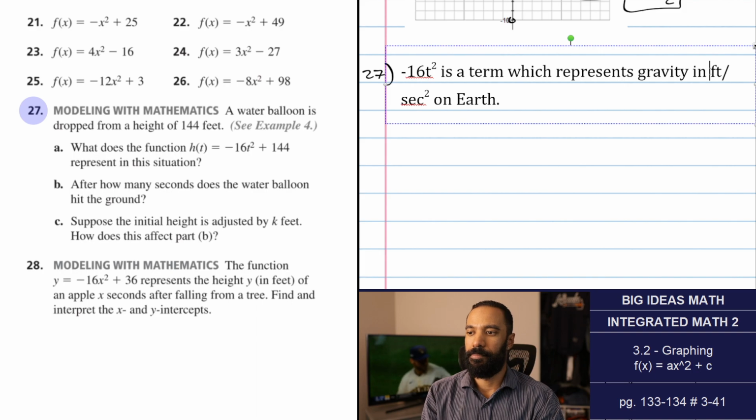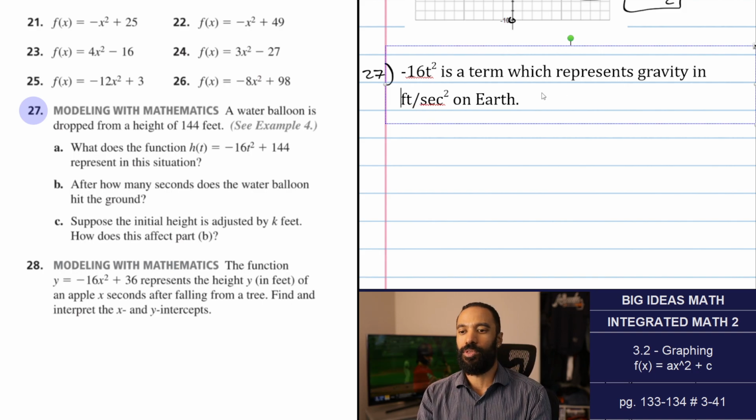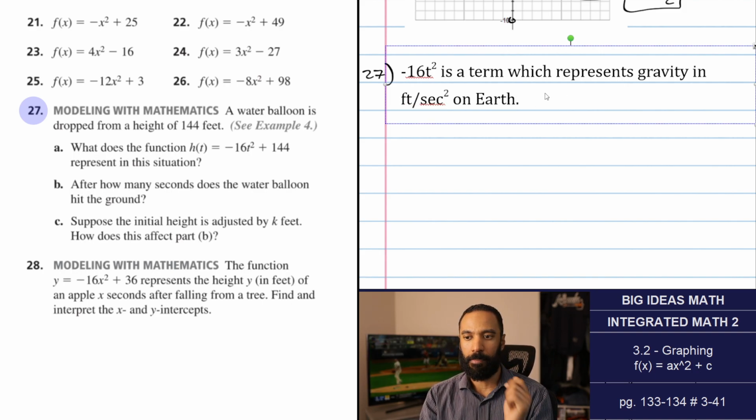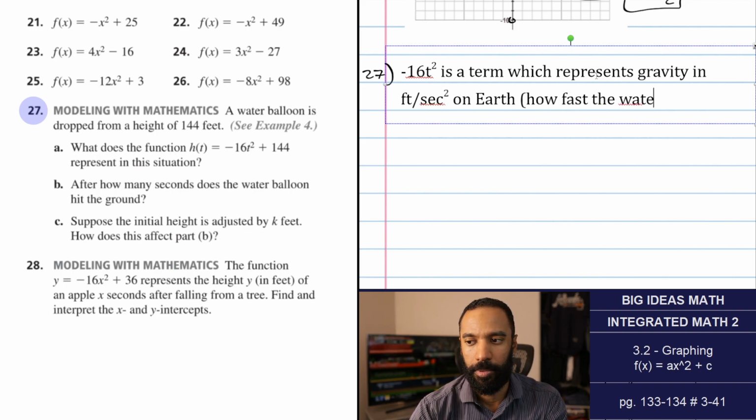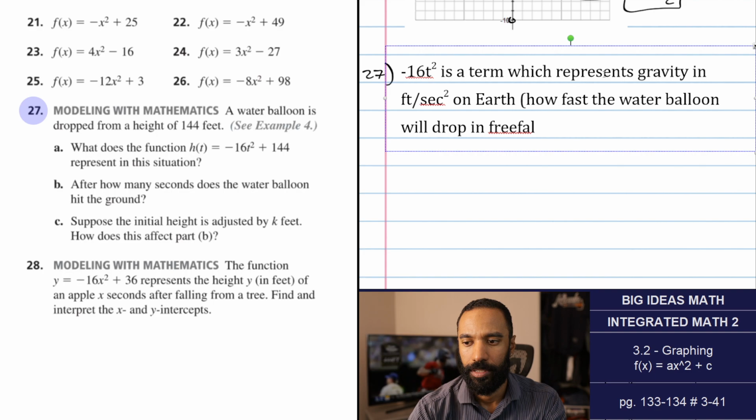That's true. That's kind of how that thing works. So that's the gravity portion of the equation. Basically, how fast the object, the water balloon, will drop in free fall. So there's no initial velocity, and that's just what it's going to look like.